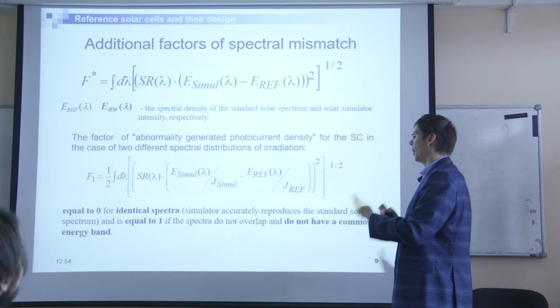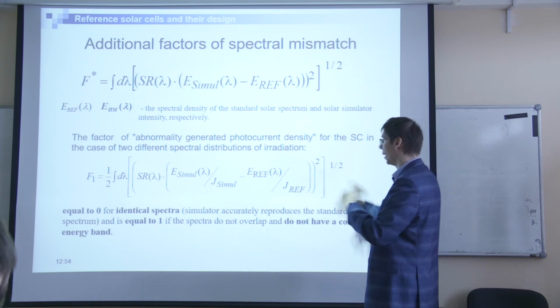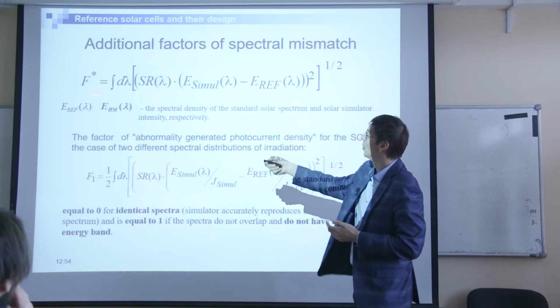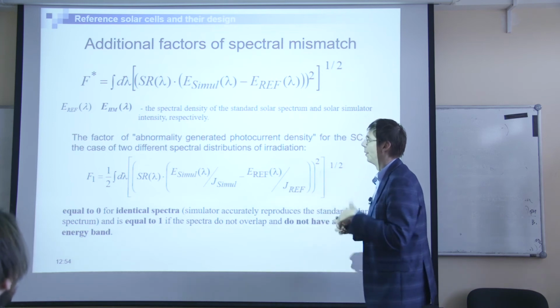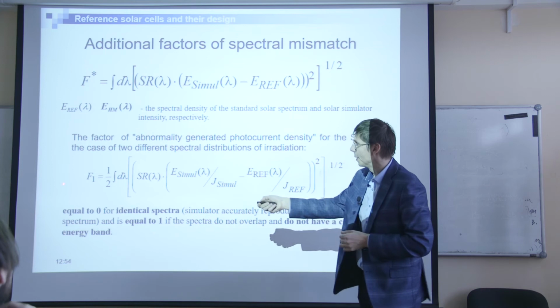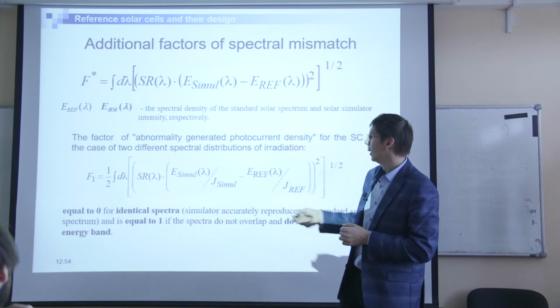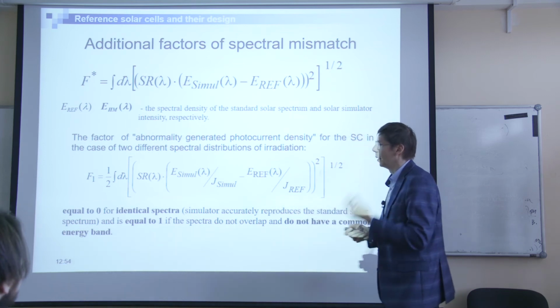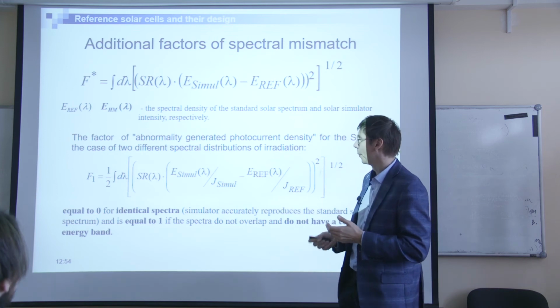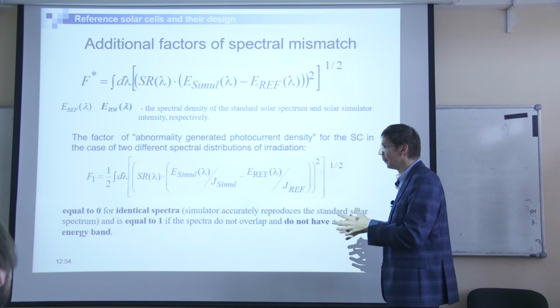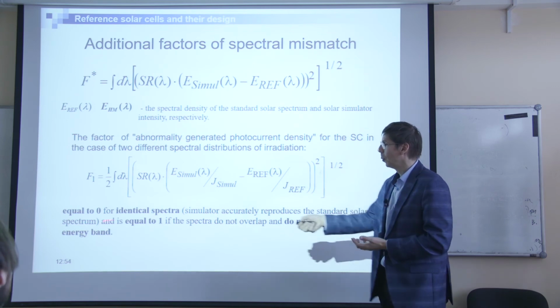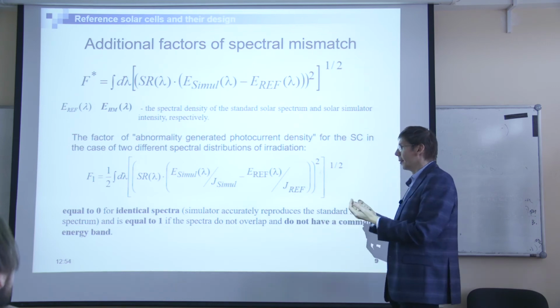It's some kind of normalized parameter, a little bit easier to estimate. It equals 0 if our spectra are identical, and it equals 1 if there is nothing in common between them.